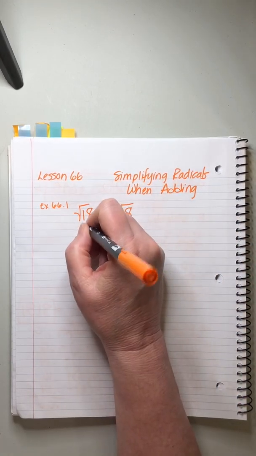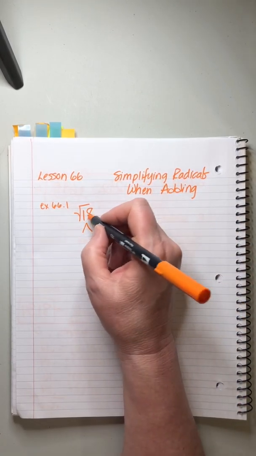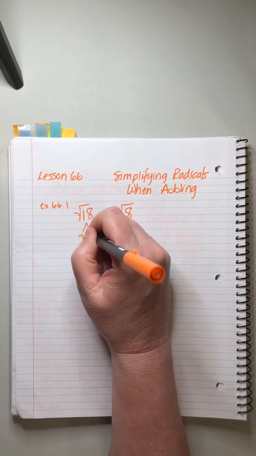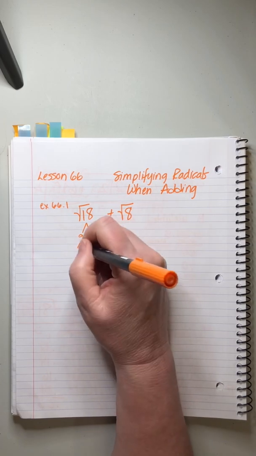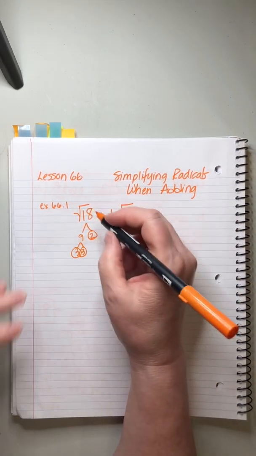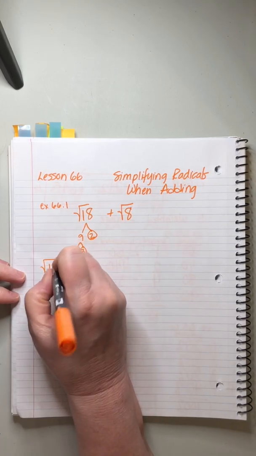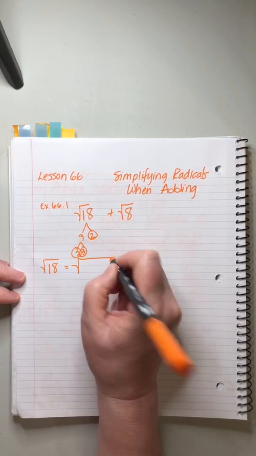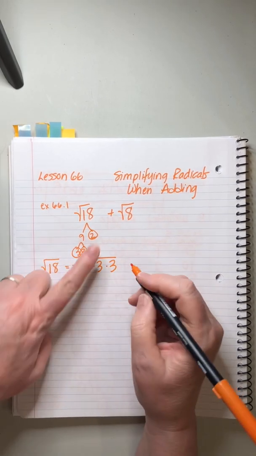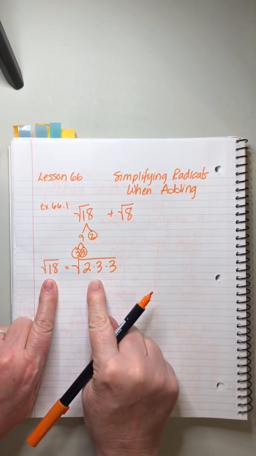The first thing we want to do is write a prime number tree. What multiplies to give me 18? I think of 9 and 2. 2 is prime. 9 breaks down into 3 and 3, right? So that means the square root of 18 is equal to the square root of, I'm going to put these in order, 2 times 3 times 3. These are the same, right?